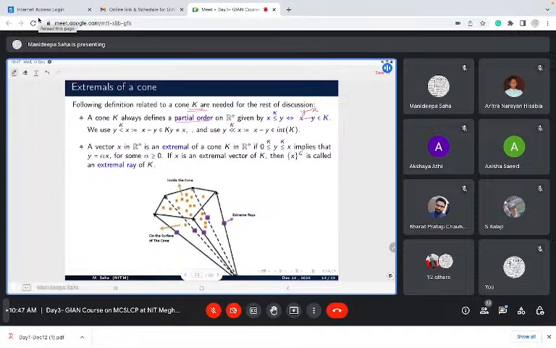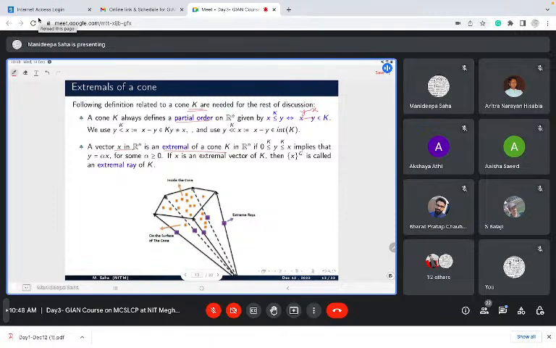Now, what is an extremal of a cone? A vector in Rn is said to be an extremal of the cone. One thing to note is that an extremal can be any vector in Rn. It may not belong to the cone K. So that vector is called an extremal if this relation happens.